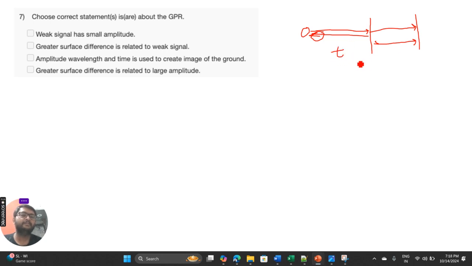If the surface difference is less, this time gets reduced, and if the time is reduced, we will not get a proper signal. So the greater the surface difference, the larger the amplitude, and we get a good signal.